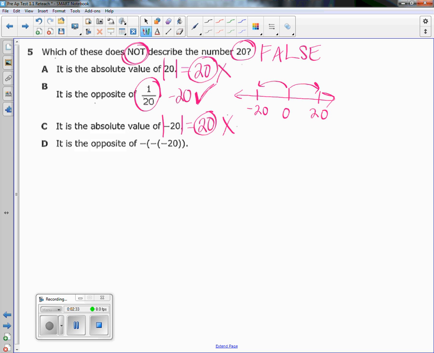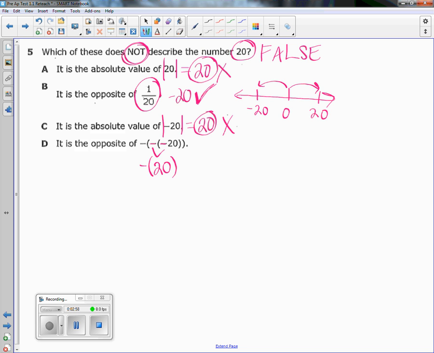Answer choice D, it says it's the opposite of -20. Remember, we told you guys to think of the negative signs as meaning do the opposite of. So if we have a -20, that means it's the opposite of 20. Now this negative in front of that is saying what's the opposite of -20, and that will give us 20.